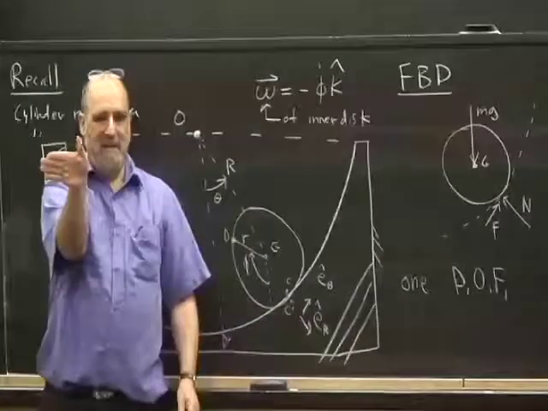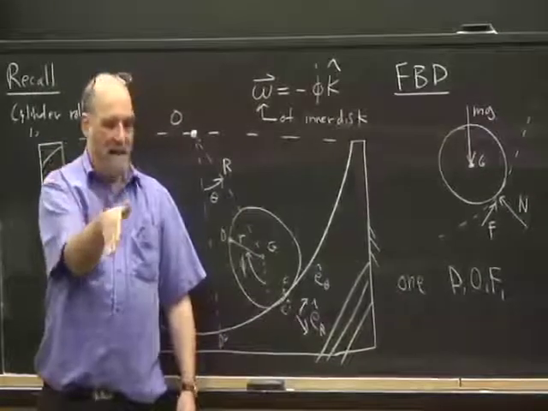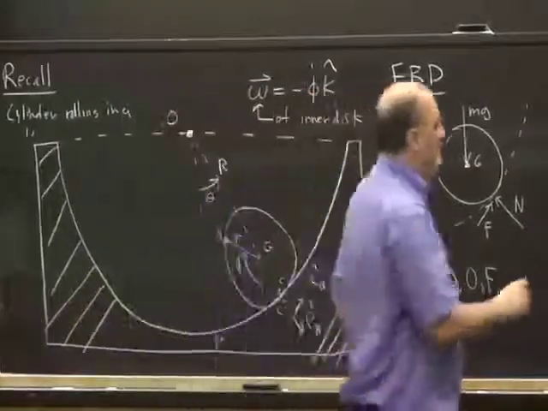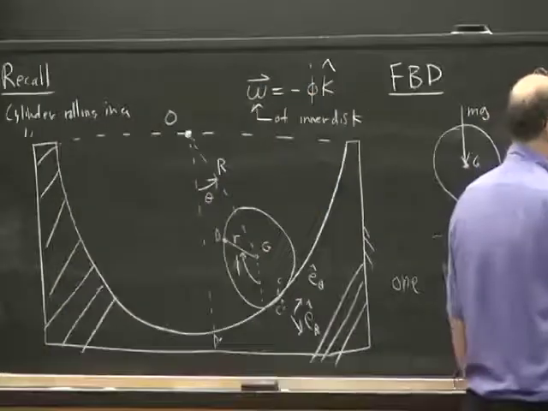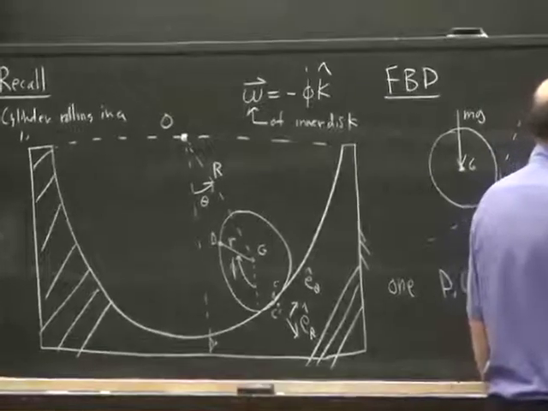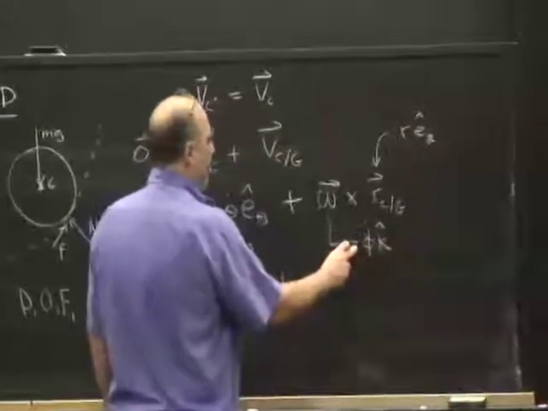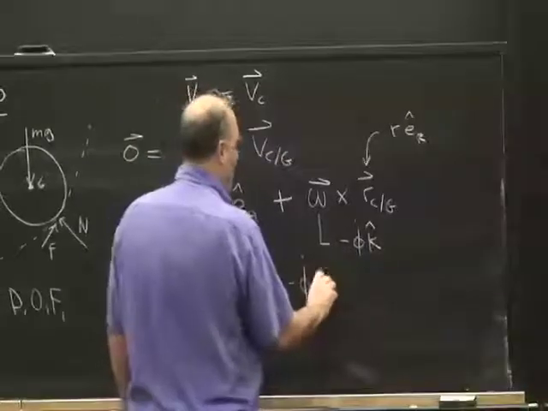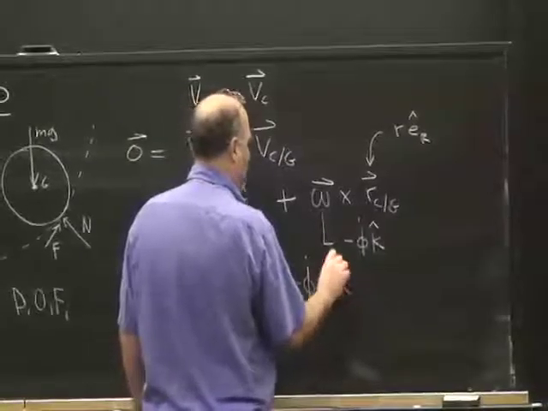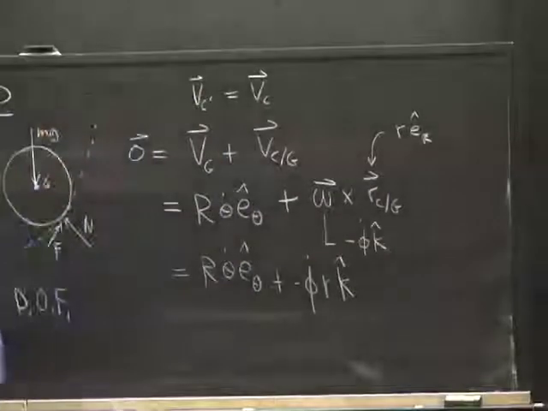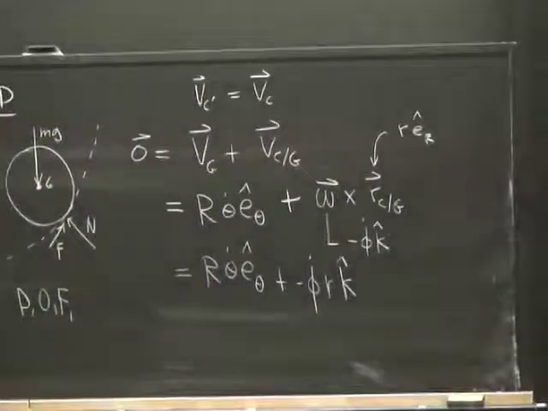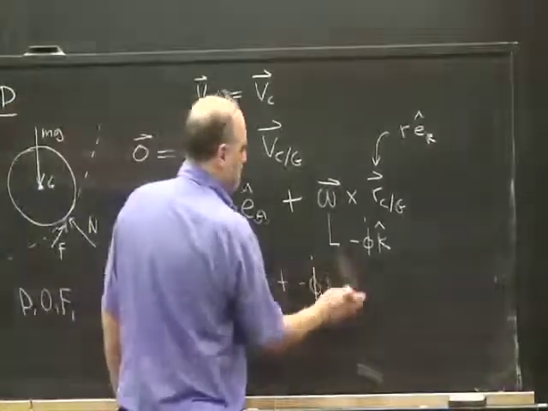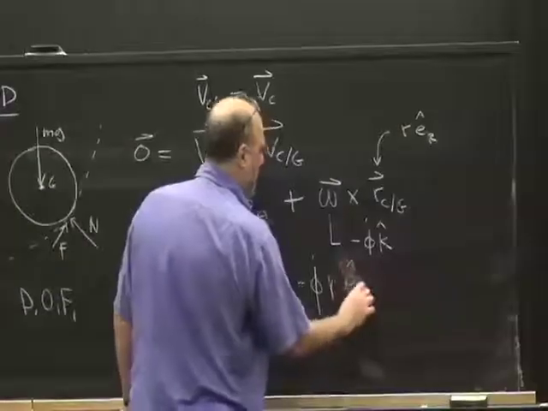K towards us, ER in that direction. That's K crossed ER in the E theta direction. So this turns into R theta dot E theta, plus then we have this minus phi dot R K. And, sorry, E theta. Thank you.